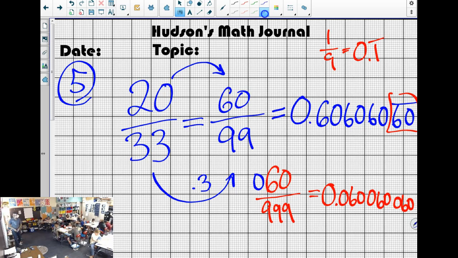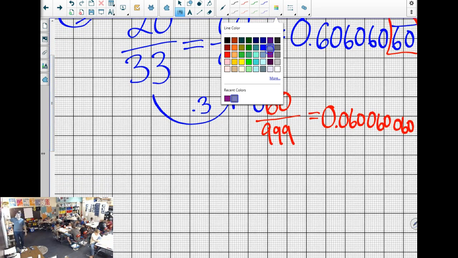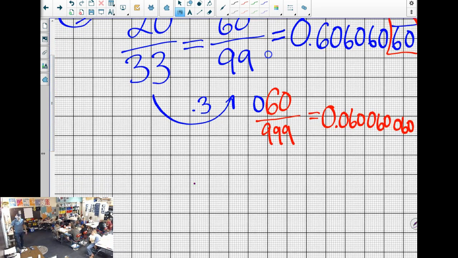So now, if you've picked up on the trick, or the rule, or whatever you want to say, if I give you 77 over 999, write that down and write the decimal form.